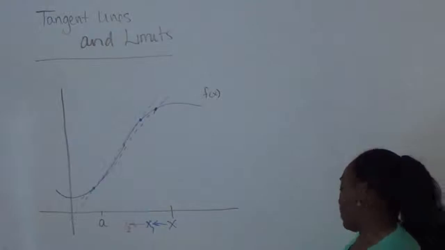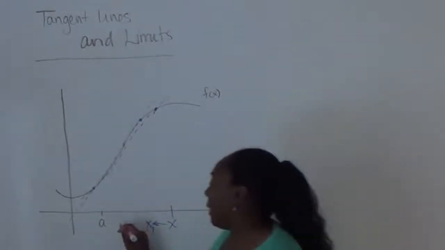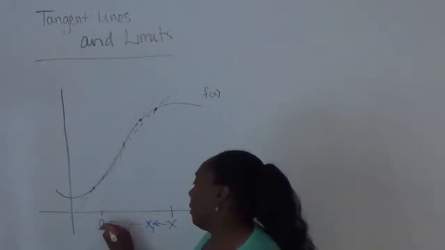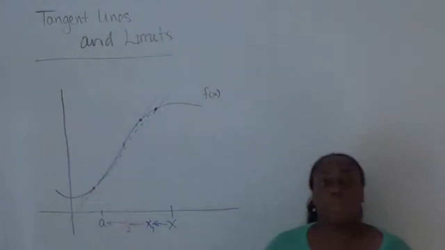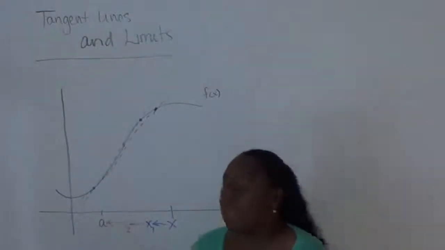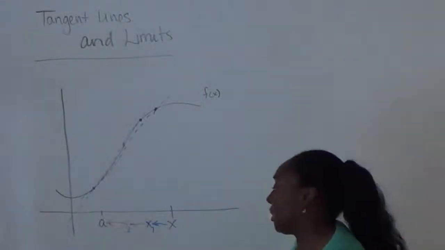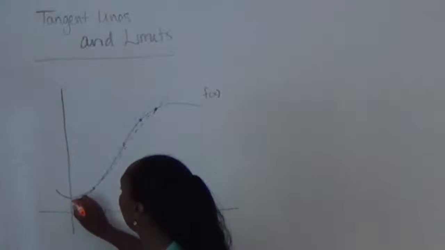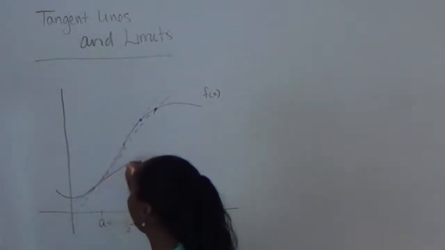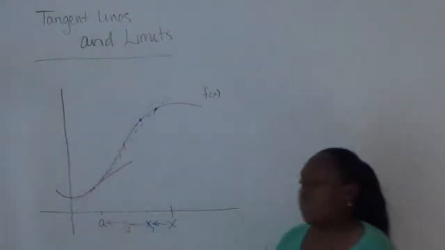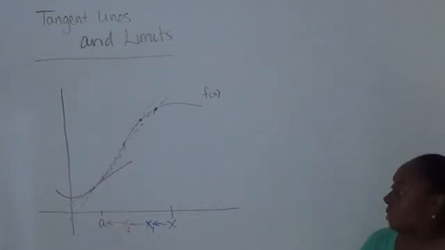And eventually what's going to happen is we're going to get infinitely close to that value A. So again, if we think of this limit, we're going to eventually move so we're at that precise point. And what happens there is then we get what we call our tangent line. Okay? It's going to be that line that goes through that single point.